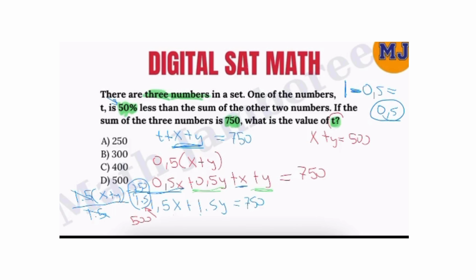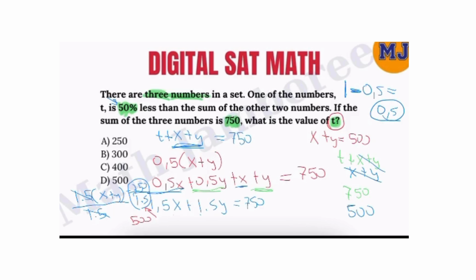And we are searching for t, right? How to find t? Let's try it out. t plus x plus y equals 750, right? So we write this down here. And then x plus y is 500, right?